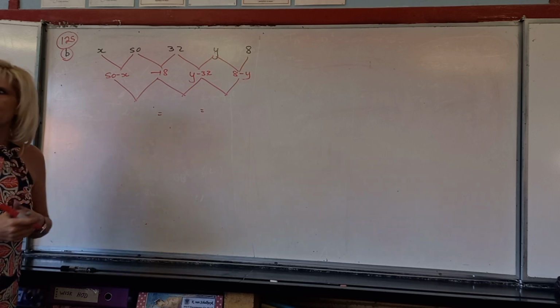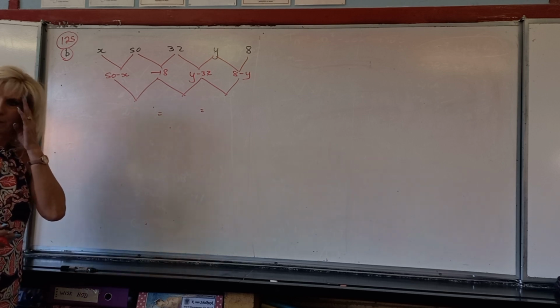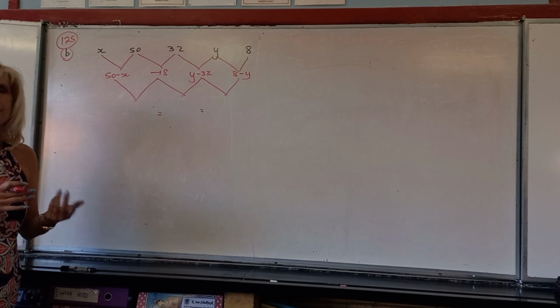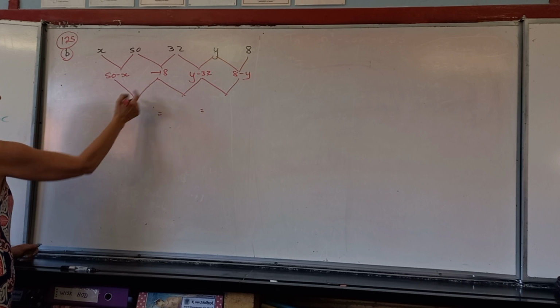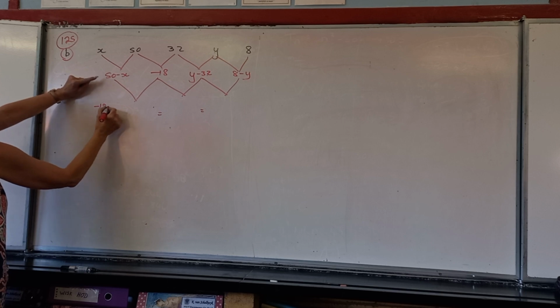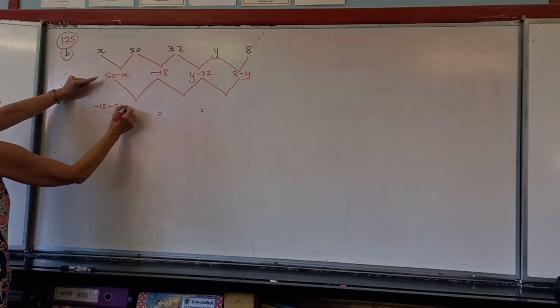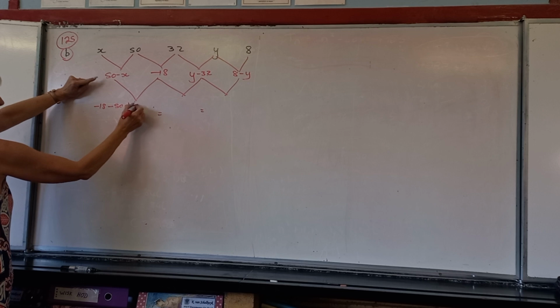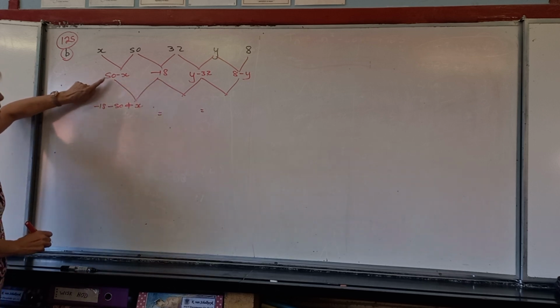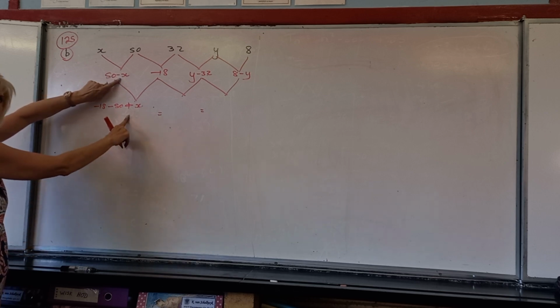Because if I say solve x and y, simultaneous equations should pop to your mind. Sometimes easier, sometimes less. Okay, let's see. So this one would be negative 18 minus this whole thing. So it's minus 50. Are you with me? Saving time. That minus this whole thing will make it a minus and a plus.